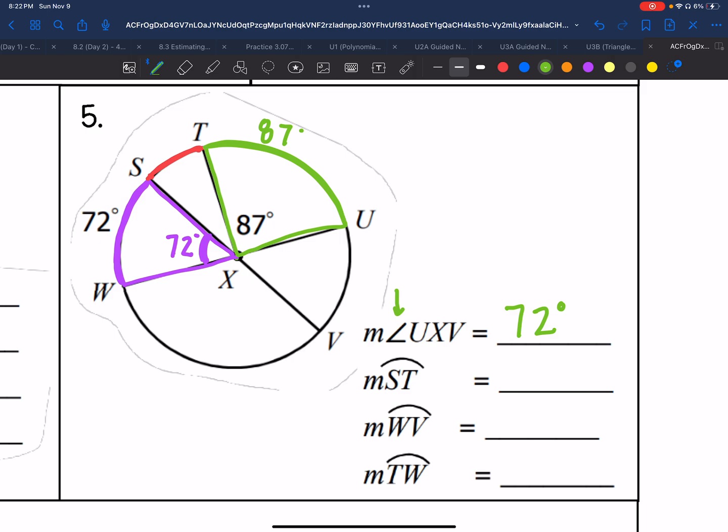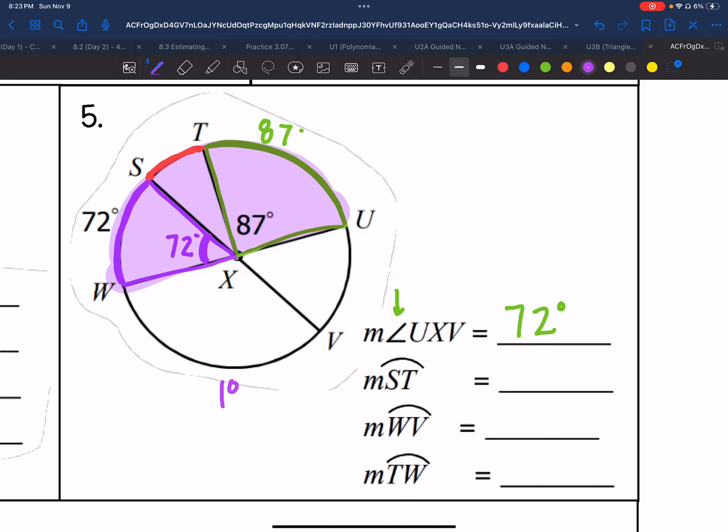So now if I were to put all these arcs together, notice that I have a semicircle. I have half my circle. So if I'm just looking for this red portion, remember the whole semicircle is 180 degrees. I can take away my 72 and my 87 degrees, and that will leave me with the portion of that semicircle that's left.